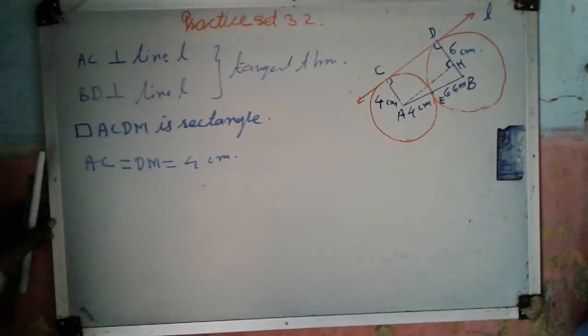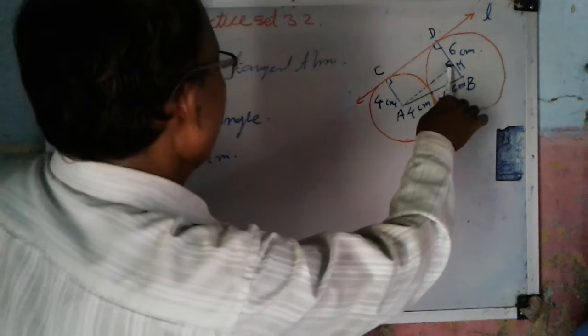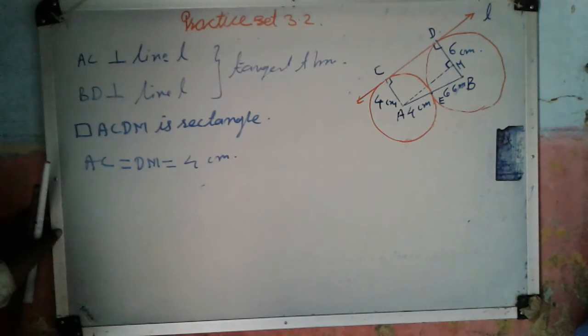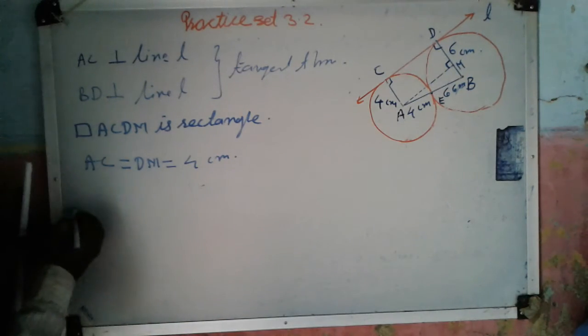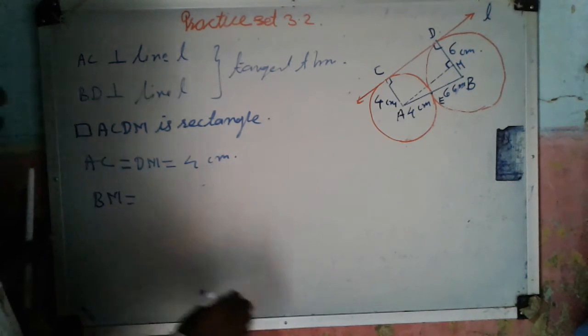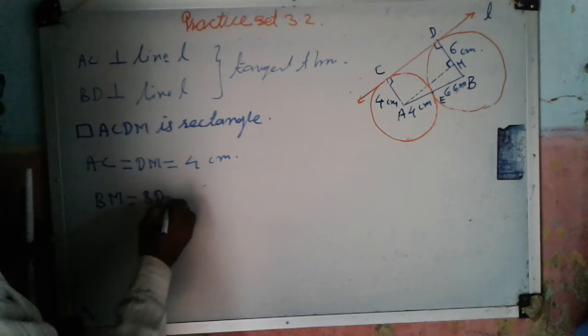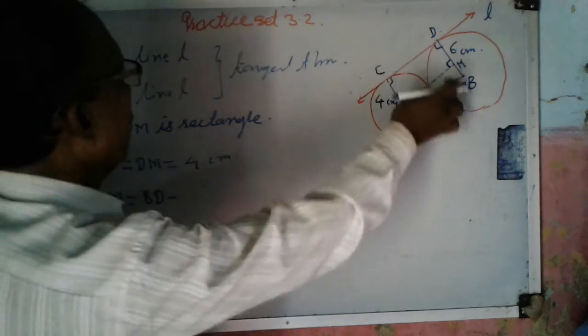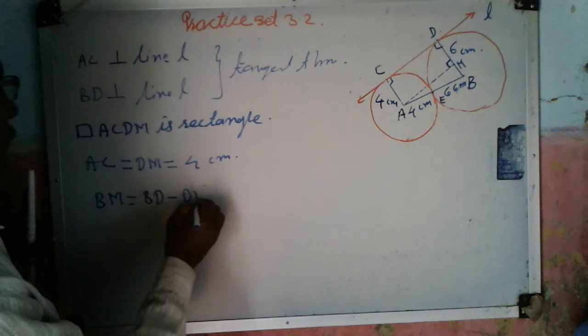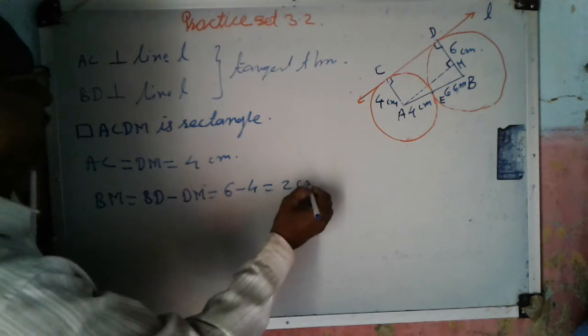Okay. Now we will find BM. And therefore BM is equal to BD minus DM, which is 2 centimeter.